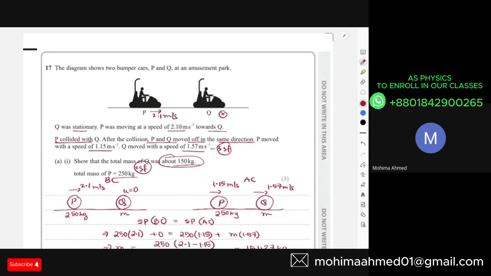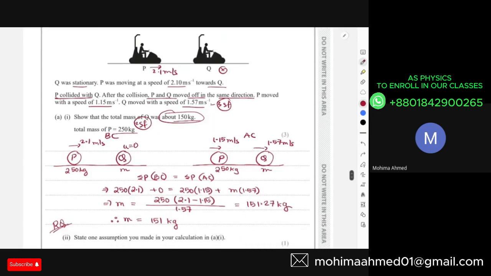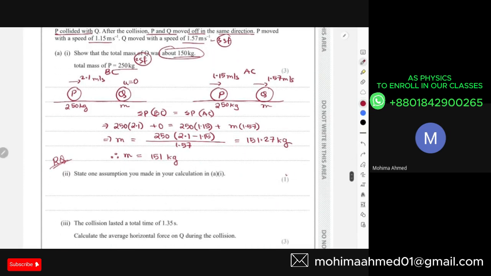Okay, that's not a problem. Every collision doesn't have to be an elastic collision. This could be an elastic collision. That will not modify my momentum calculations. But your external forces like air resistance and friction would modify your value for the momentum, right? So that's why the assumption over here, they're only giving you 1 mark again.